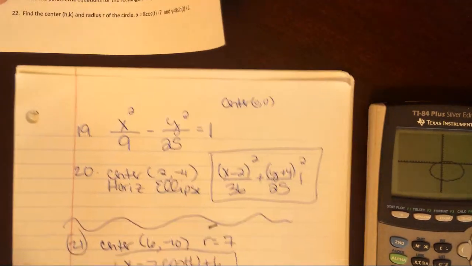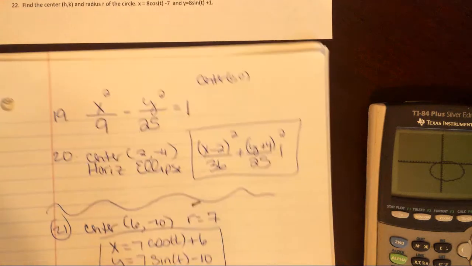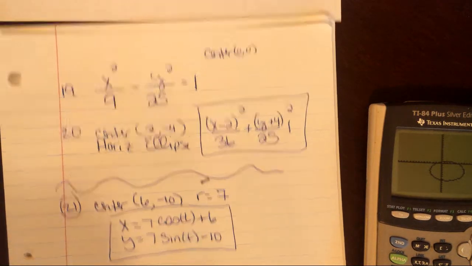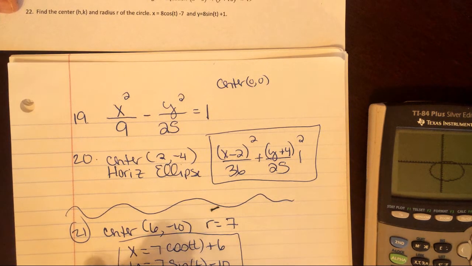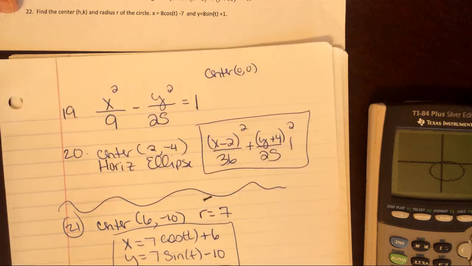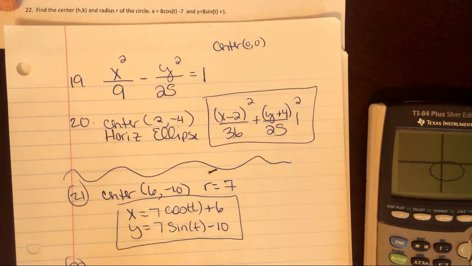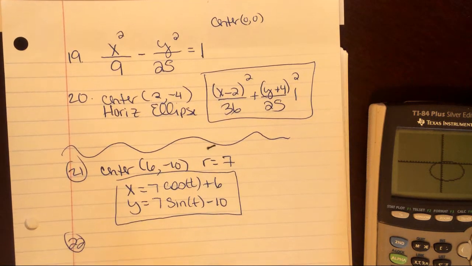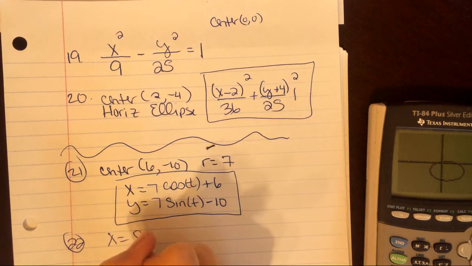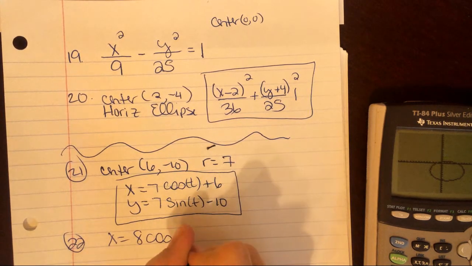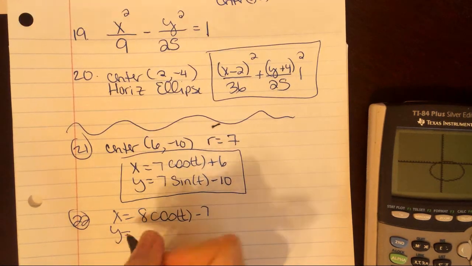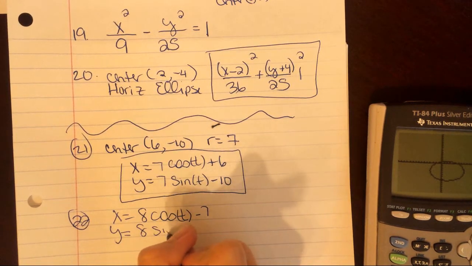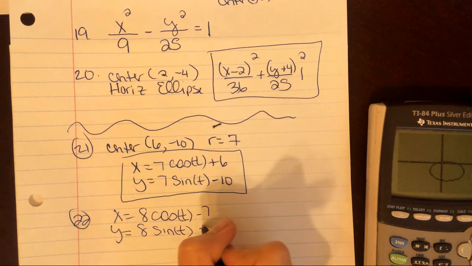Okay, so the last problem of the day, number 22. Find the center h, k and the radius r of a circle when they give me the parametrics. So we're working backwards this time from what we just did. On this problem, they tell me that I have the equation x equals 8 cosine t minus 7 and y equals 8 sine t plus 1.